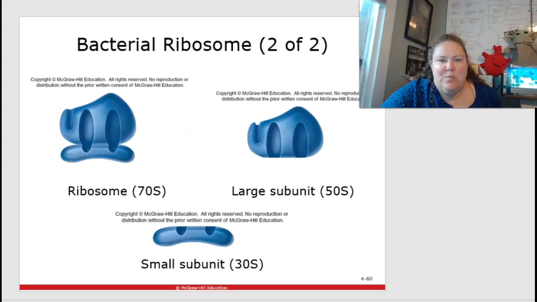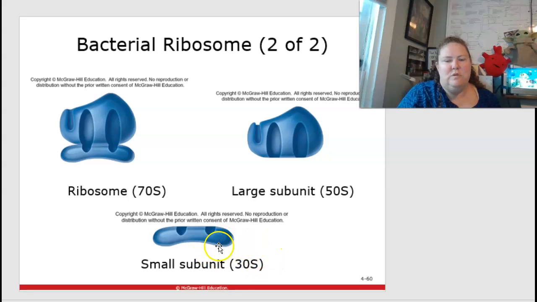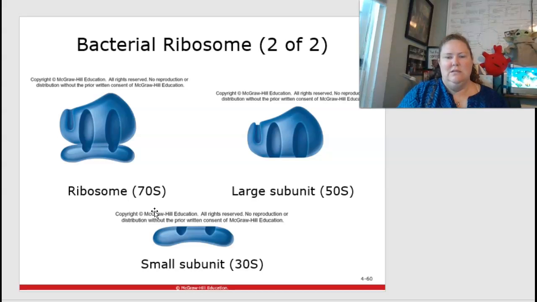Here is an example: you have a 70S ribosome, a large subunit that is 50S, and a small subunit that is 30S. And no, these don't add up to 70. I don't remember why they named them the way they did, but they are.